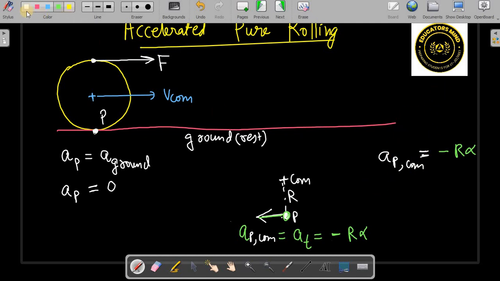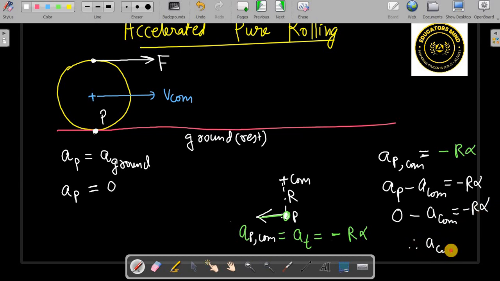So acceleration of P minus acceleration of center of mass is equal to minus r alpha. Acceleration of P has to be 0, so minus acceleration of center of mass is minus r alpha, therefore acceleration of center of mass is r alpha.